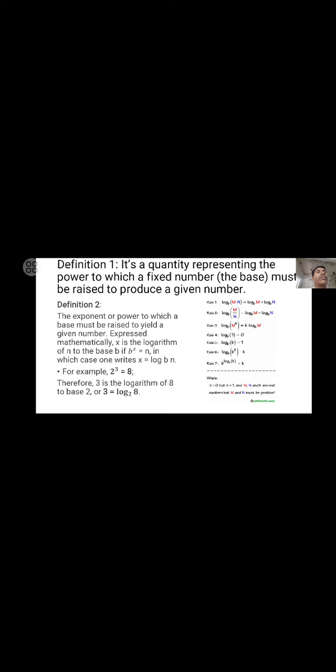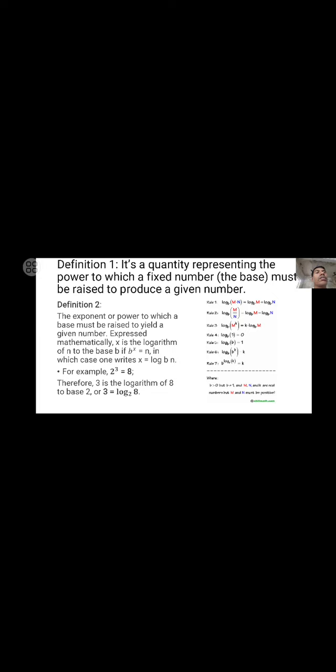Let us take the first one and understand. It is a quantity representing the power to which a fixed number, the base, must be raised to produce a given number. Theoretically it is given here, so I will explain with suitable examples.